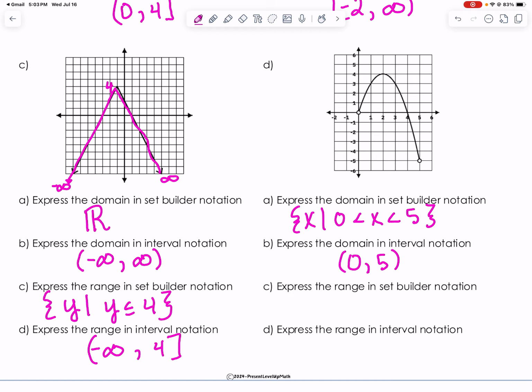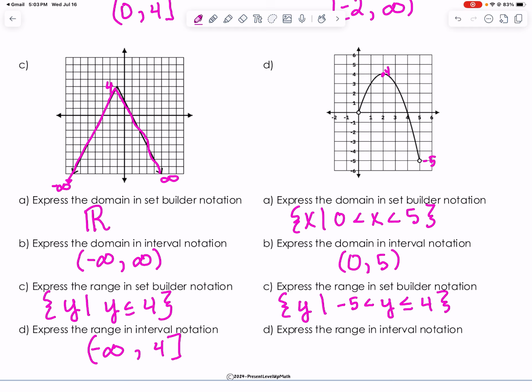All right, for the range, we need our smallest y value, which would be negative 5, and our largest y value. Now be careful here because your largest y value is up here at the top, and that would be positive 4. So in set builder notation, we would say the set of all y's such that negative 5 is less than y, which is less than or equal to positive 4.